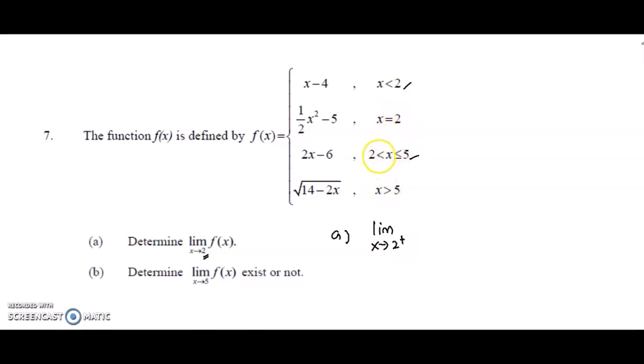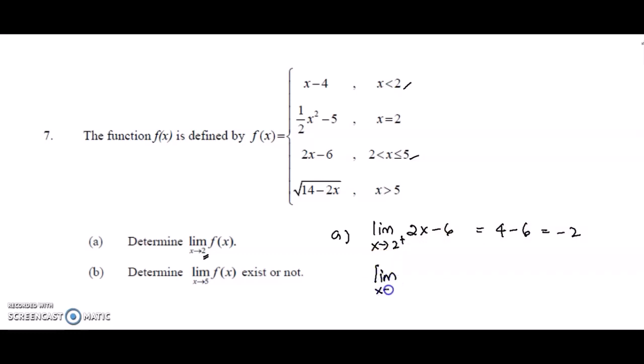A value a little bit greater than 2 falls in this interval, and this interval tallies with the function 2x minus 6. So you put in 2x minus 6 as your f(x). Then you substitute the 2 inside, you have 4 minus 6, that is negative 2. So this is the answer for the right-hand limit.